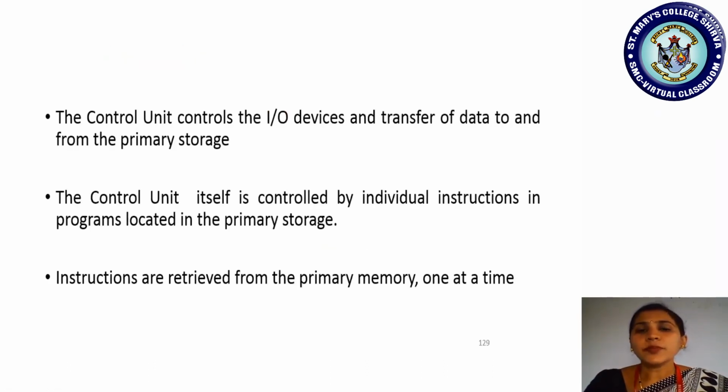It controls the input and output devices and the transfer of data to and from the primary storage. What is the meaning of that? If the input I am receiving is through the keyboard, it checks whether that input information is shifted to the memory for the execution part.